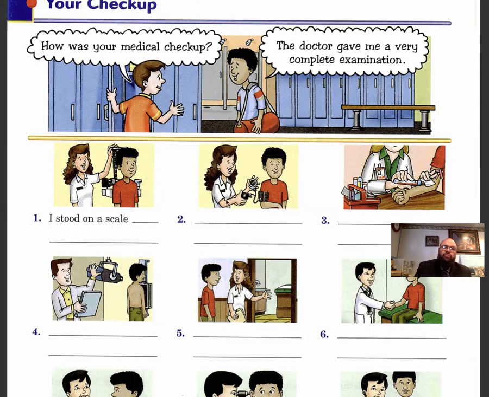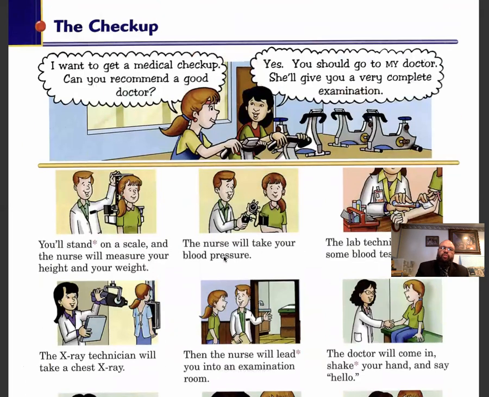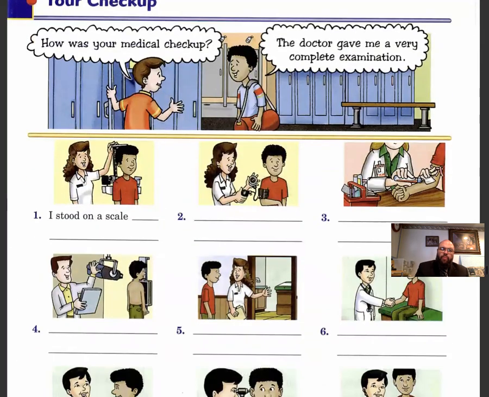And then number 2, you will put it in the past tense, right? So this one would say, the nurse took my blood pressure.